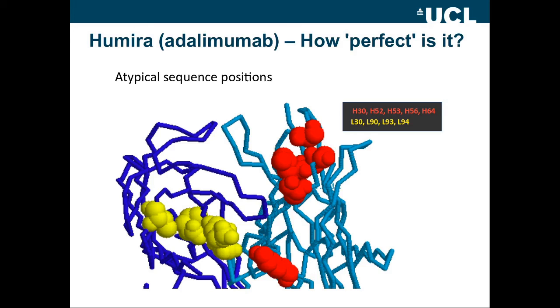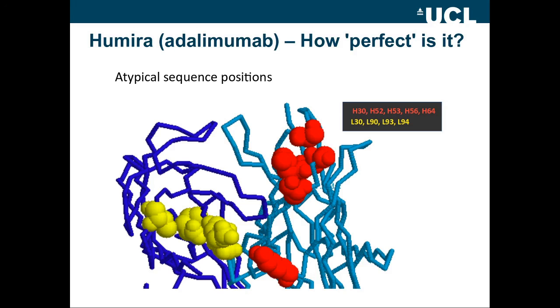So Humira, which is the trade name for adalimumab, is the world's top-selling drug. It's used for treatment of rheumatoid arthritis, and it's generally regarded to be a very good and very safe drug. However, it turns out that more than 25% of patients taking adalimumab develop an immune response against the antibody.